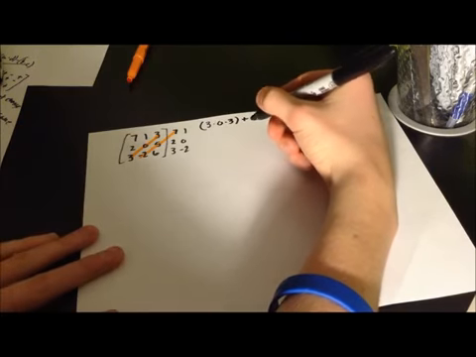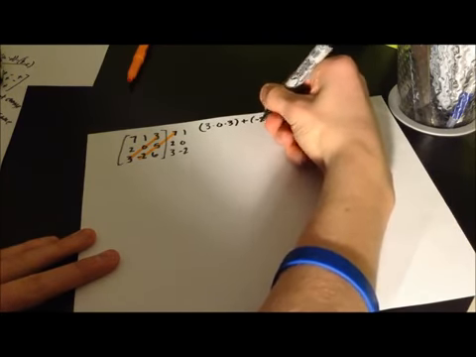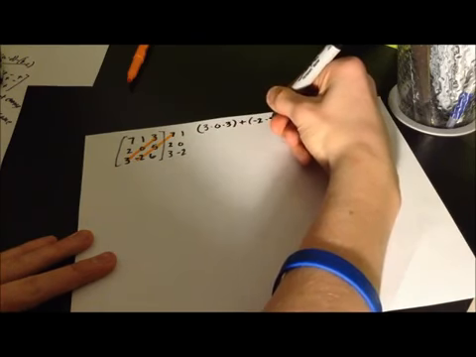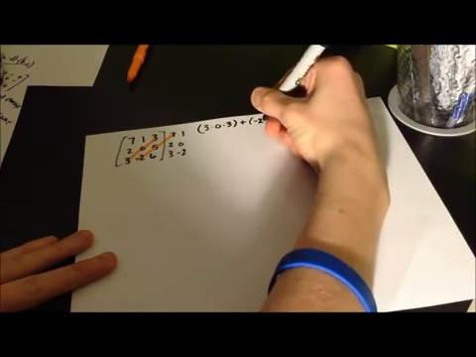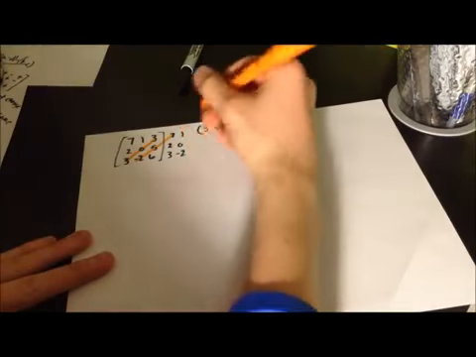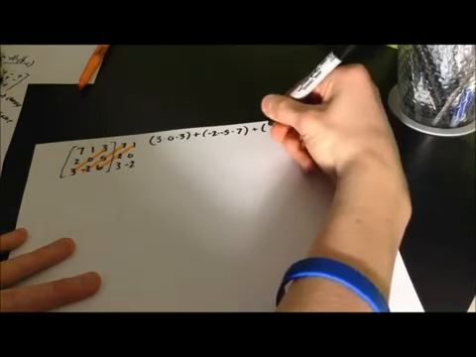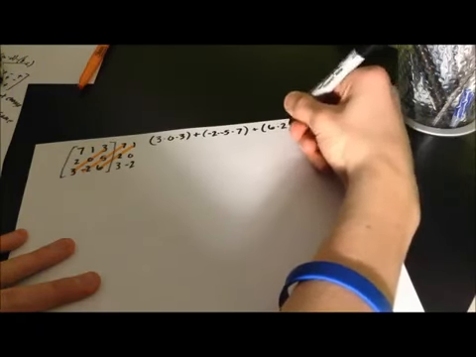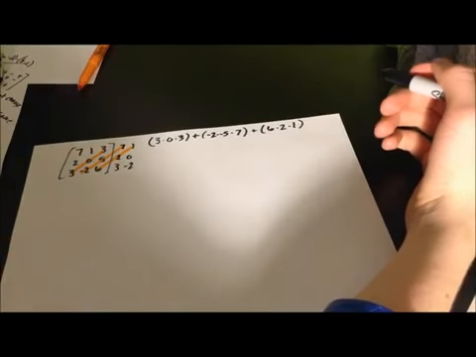So we have -2, 5, and 7, plus the 6, 2, 1. Okay, so now what we're going to do is add those all up together.